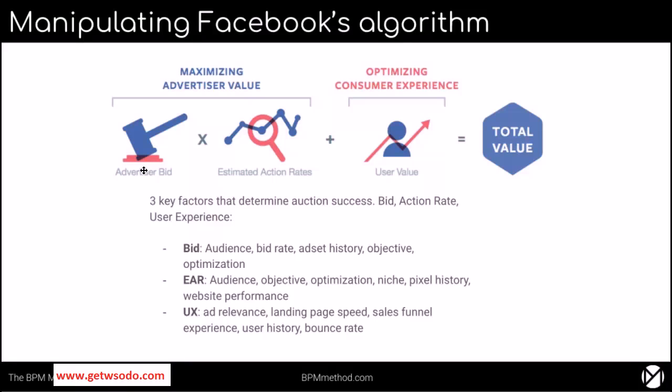Because if I, as an advertiser, am serving a great ad at the right time to the right user with the right funnel and everything's converting well, and I've got low bounce rate, high page load time, I'm going to get more and more users like that. Because this is what it comes down to. It's not Facebook trying to manipulate costs and squeeze more money out of you. It's, are you actually delivering the best value to the customer, and therefore to Facebook's user as well.